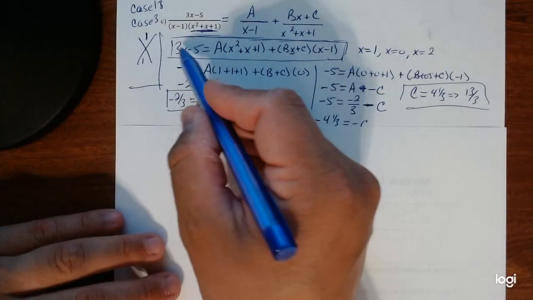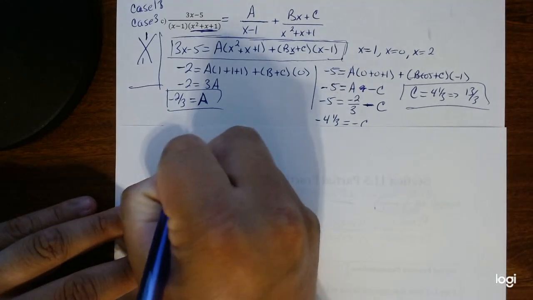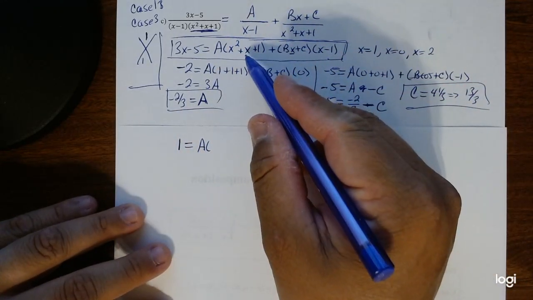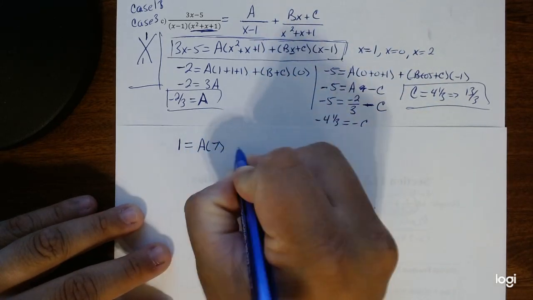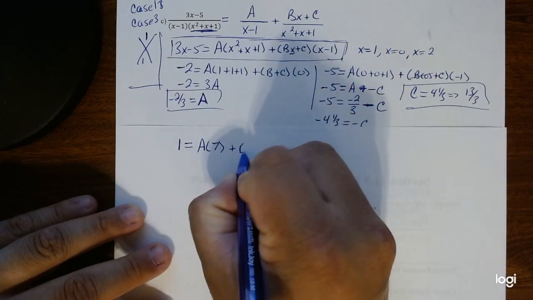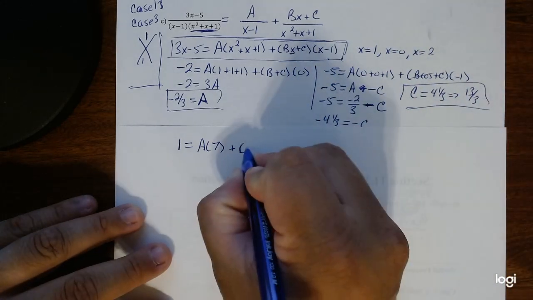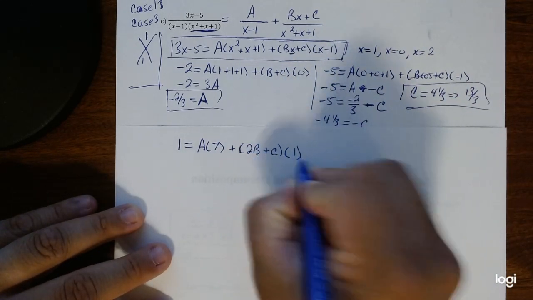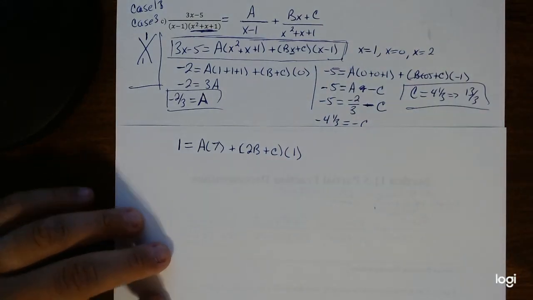That's going to be 6 minus 5 is 1. a times, this is going to be 4, plus 2 is 6, plus 1 is 7. And then plug in 2, so it'd be 2b plus c. And this is going to be 1, because 2 minus 1 is 1.